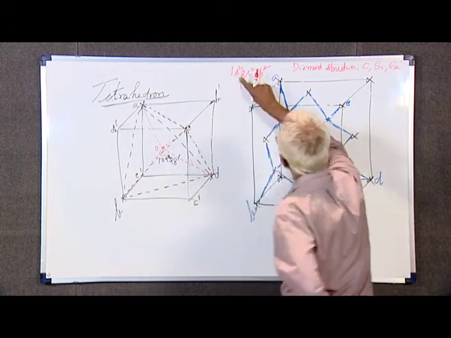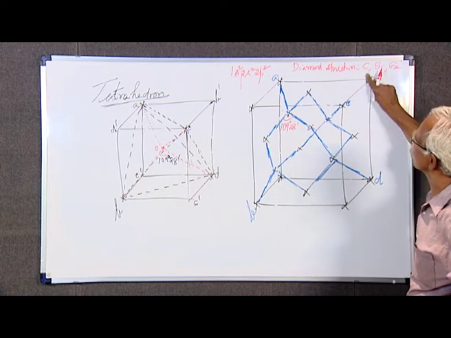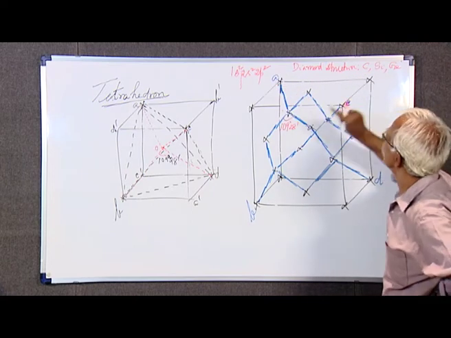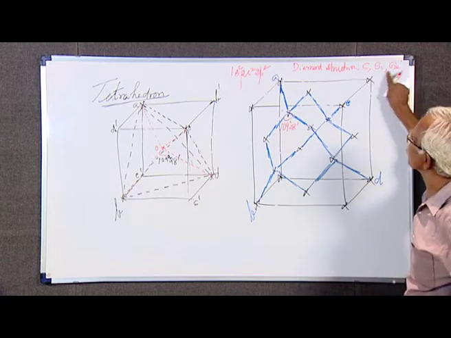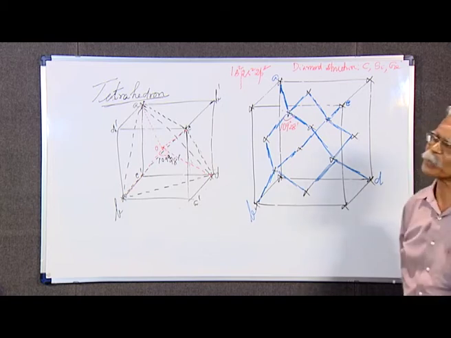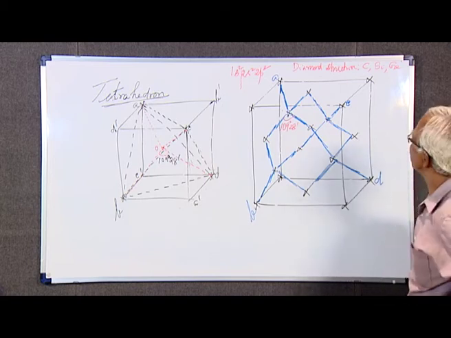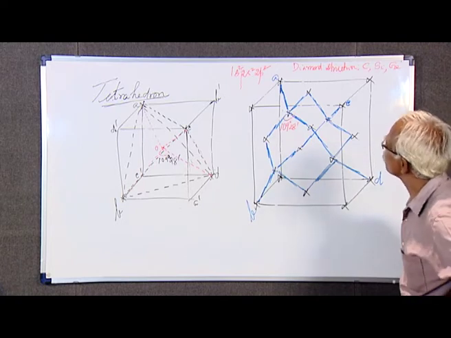Of course, in carbon you have 2s2 2p2, and the sp3 hybridized orbitals arise from this. In silicon it is 3s2 3p2, in germanium you have 4s2 4p2. They are isoelectronic, they have the same outer electron configuration.